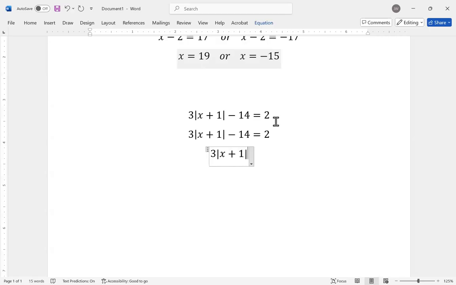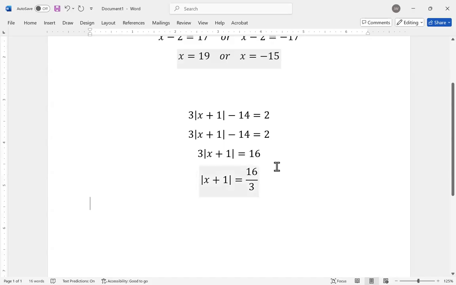When I add 14 to both sides, I get 3 times the absolute value of quantity x plus 1 is equal to 16. Then I divide both sides by 3. That gives me the absolute value of the quantity x plus 1 is equal to 16 over 3. You could write that in a lot of different ways. I'm writing it as an improper fraction.